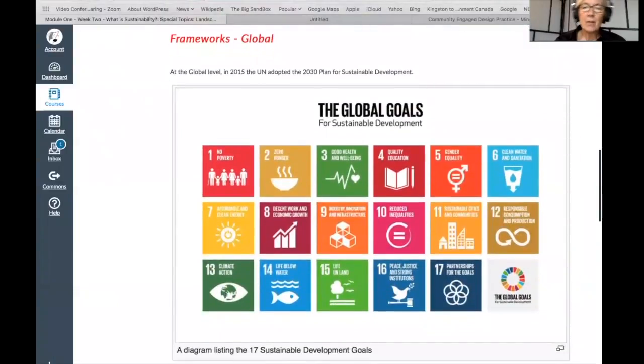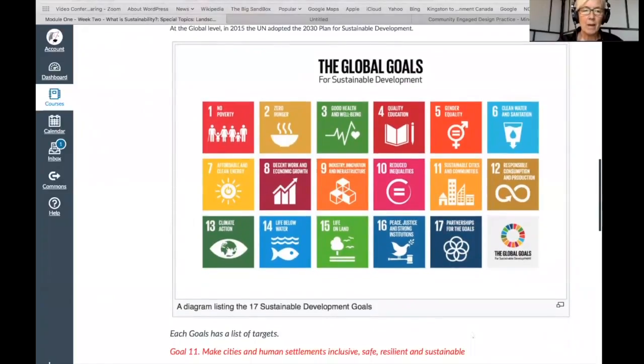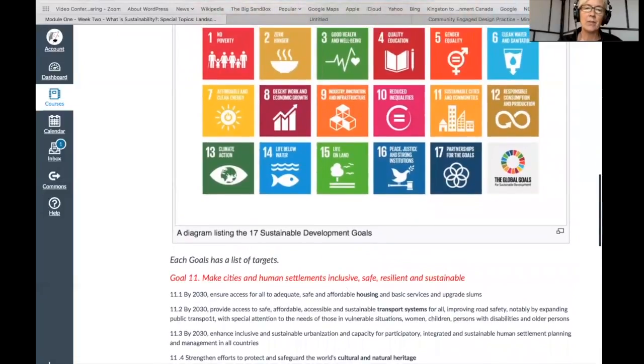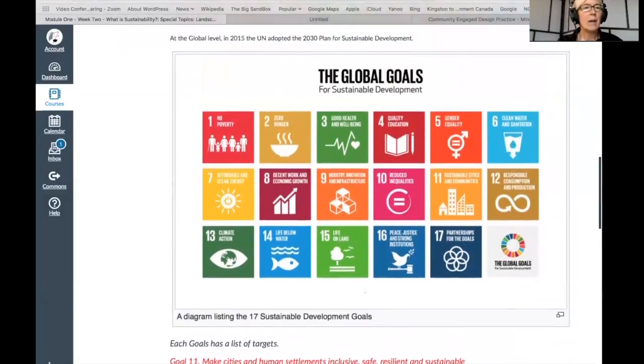UN, here are our 17 Sustainable Development Goals that were developed in 2015 or approved. We have also in this the specific targets for goal 11, which is right here, making cities and human settlements inclusive, safe, resilient, and sustainable.